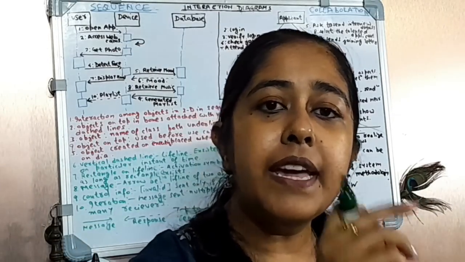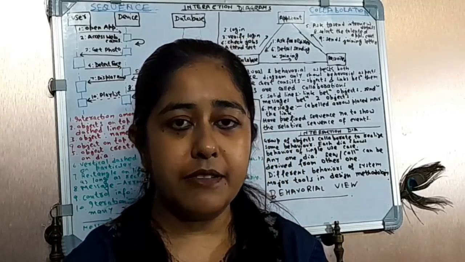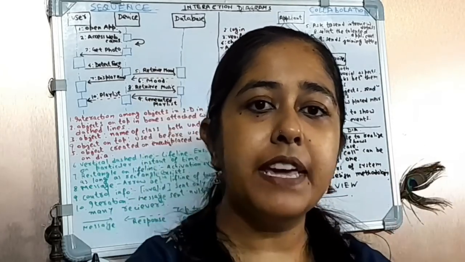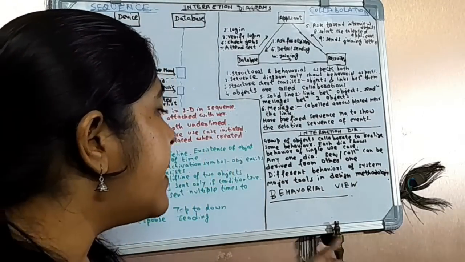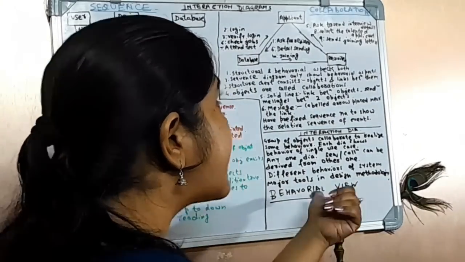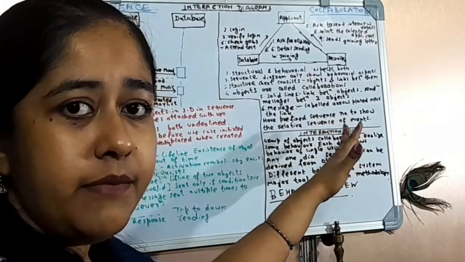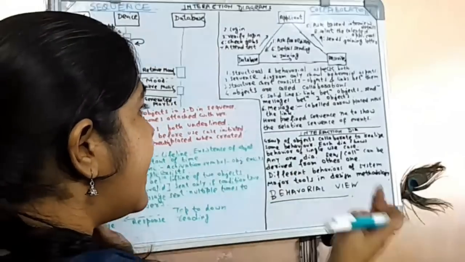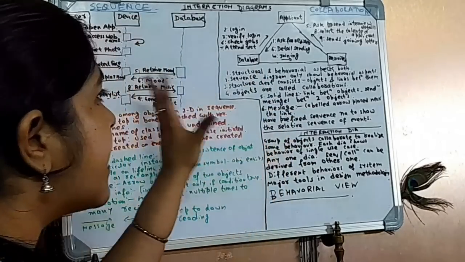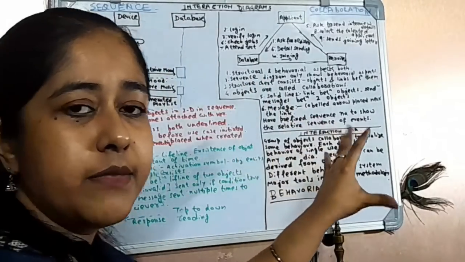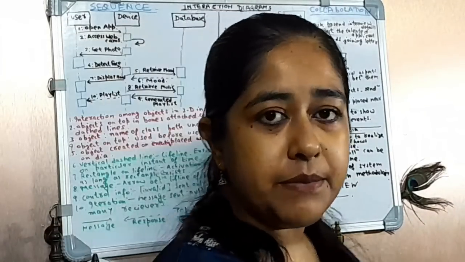That is, we will be taking each use case, and we will see what the behavior of each and every use case is. Then any one diagram, that is the sequence diagram or the collaboration diagram, you can easily derive one from the other, because in interaction diagrams, both these diagrams are just showing the behavior of your system.